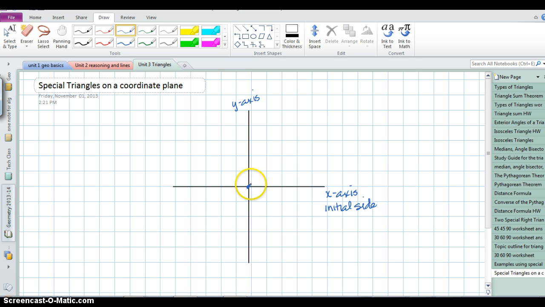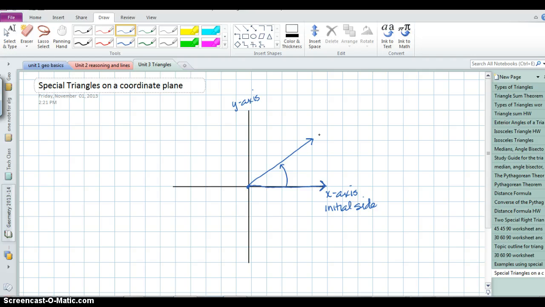And we're going to create angles from this initial side, as if this blue ray that I'm tracing here is one side of your angle. You need to picture it as if the two rays of your angle are both on top of that blue ray, and then you're lifting one of those rays and moving it off of there to make your angle.